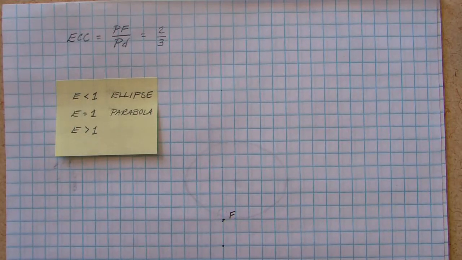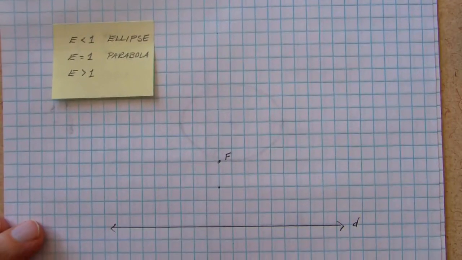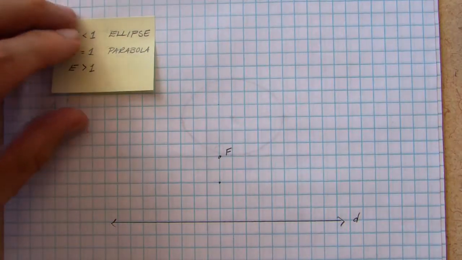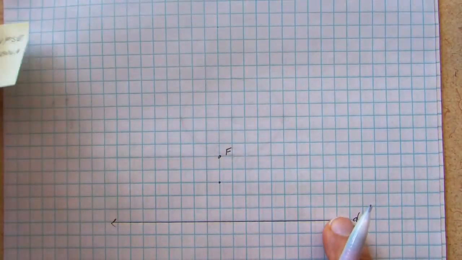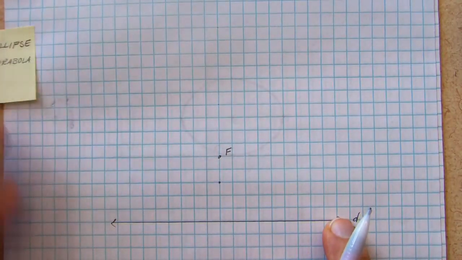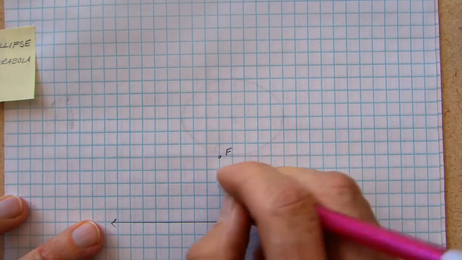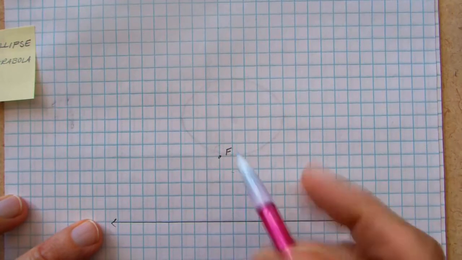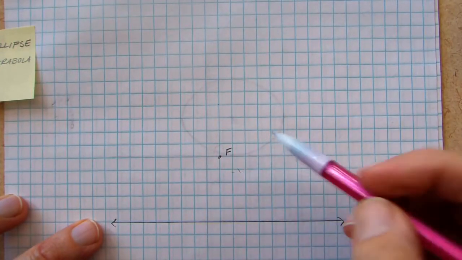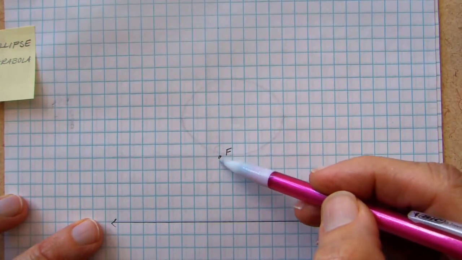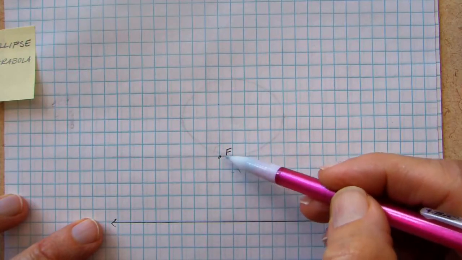You might be able to guess at this moment. So, okay, here I have a directrix right here, and I have a focal point right here. My focal point happens to be 5 units away from the directrix.